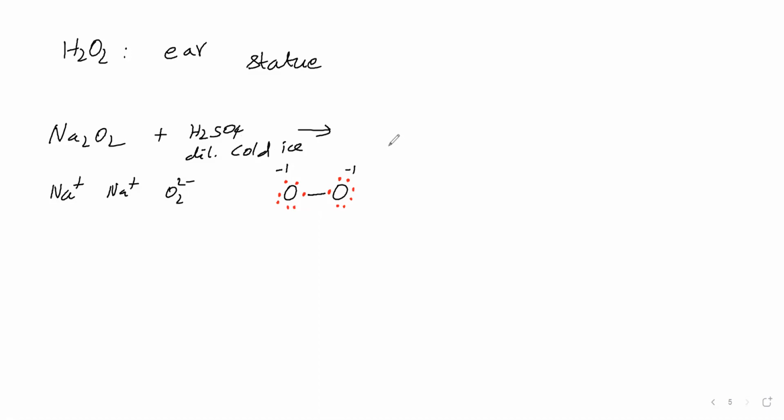What is produced means hydrogen peroxide is produced. Then the sodium takes sulfate and becomes sodium sulfate. Now hydrogen peroxide is produced here. Okay, so sodium peroxide on treating with ice cold dilute sulfuric acid, we are getting hydrogen peroxide.